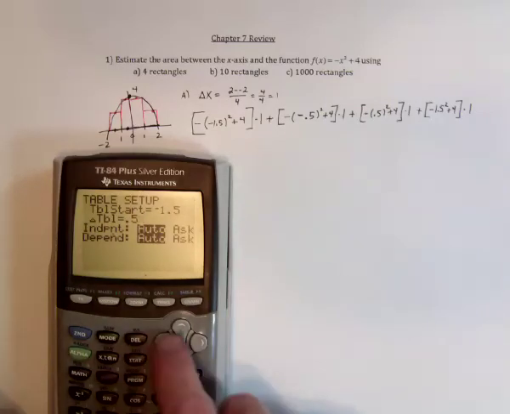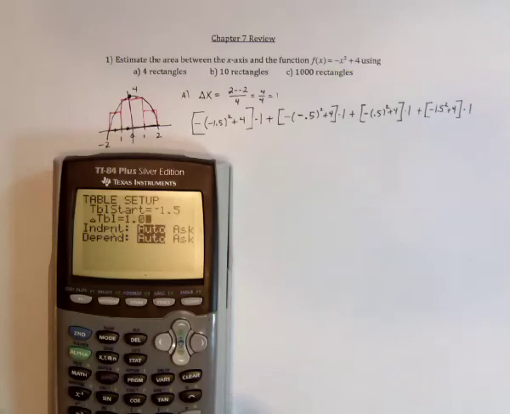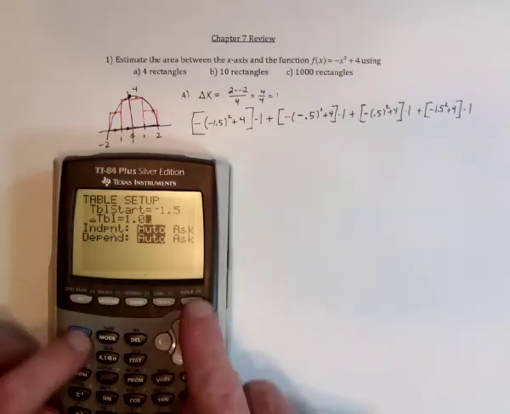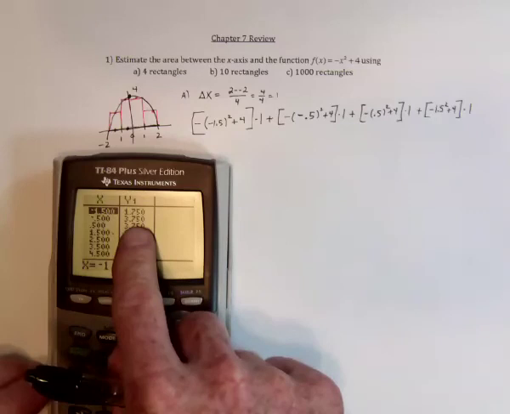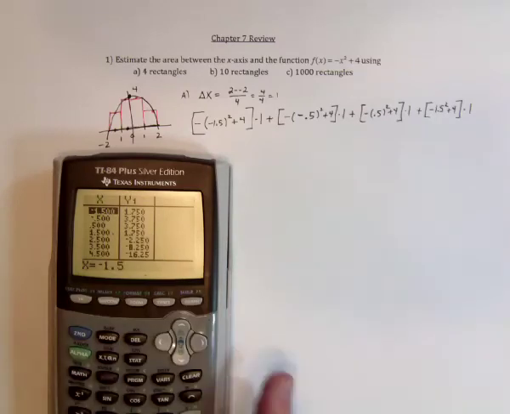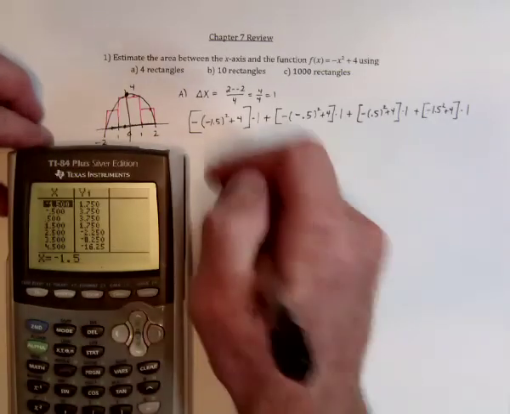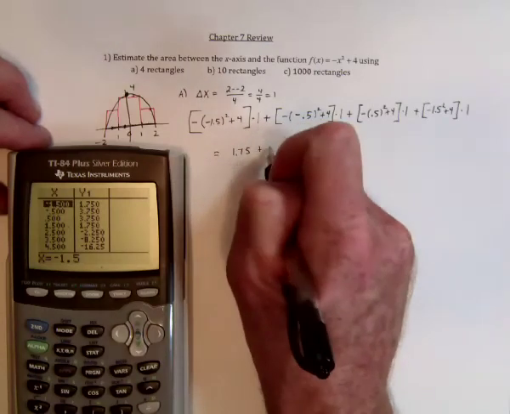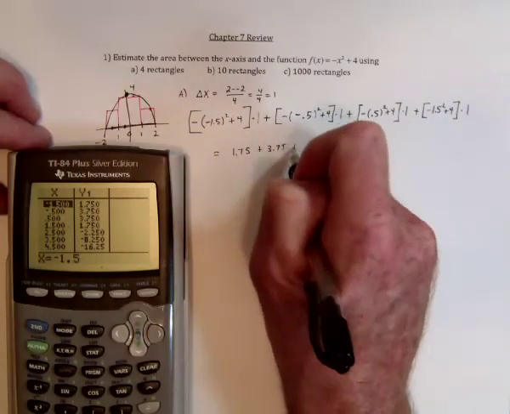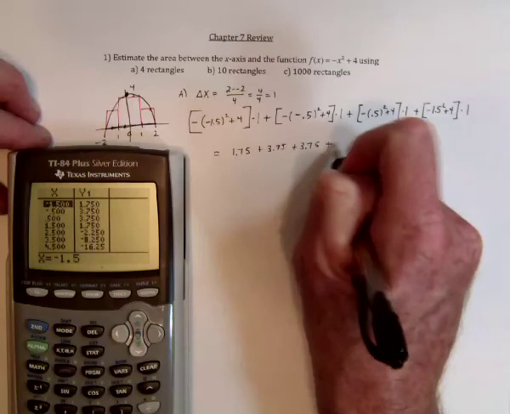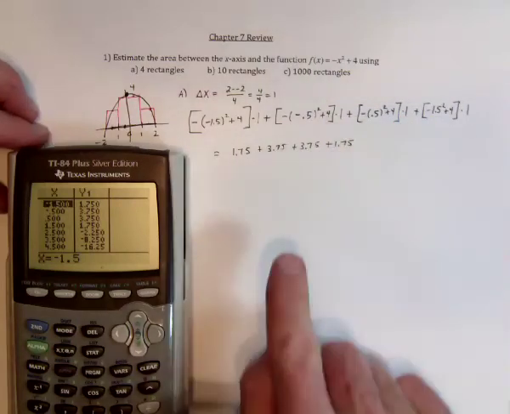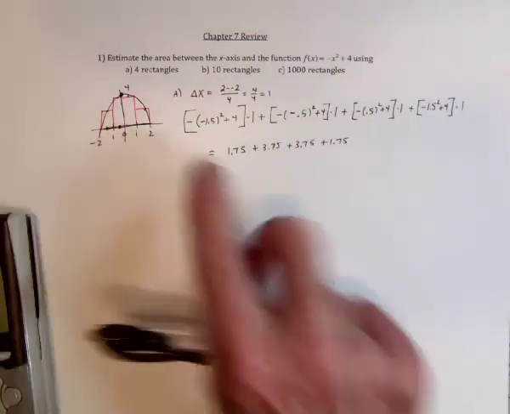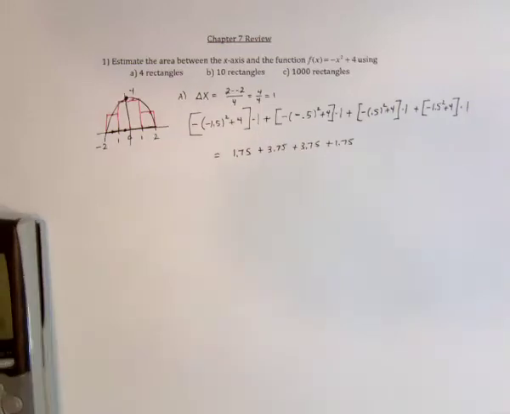On this one I can go over by 1, because I went from a width of 1. Okay, and then go to the table and it'll tell you all of these y values. So that means we've got 1.75 plus, and then you can even see the symmetry that we saw here with the 4 rectangles is then right here with these numbers.